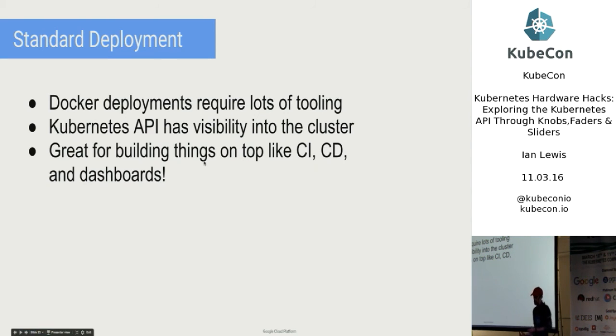Kubedash is a client that uses the Heapster API to show the CPU utilization of a particular app or of a particular service, as well as the utilization of particular nodes or by namespace. So those types of things are also things that you could do with the API that would really help you to understand what's going on.